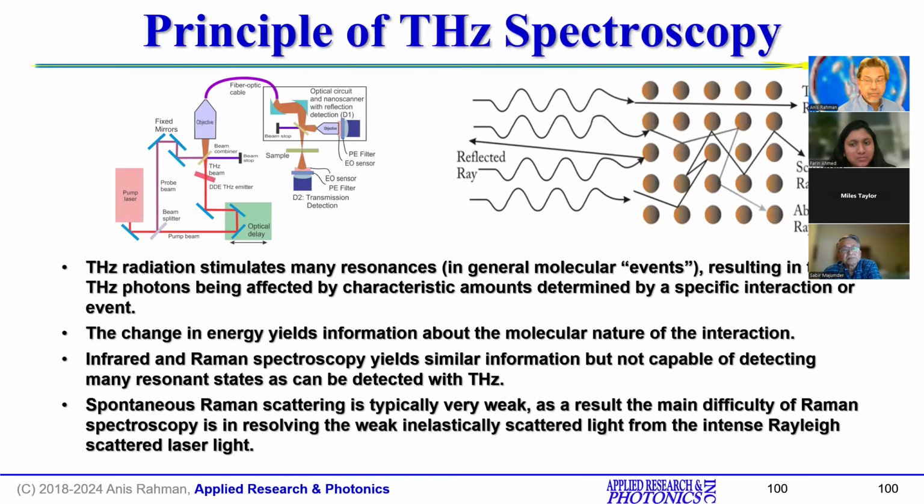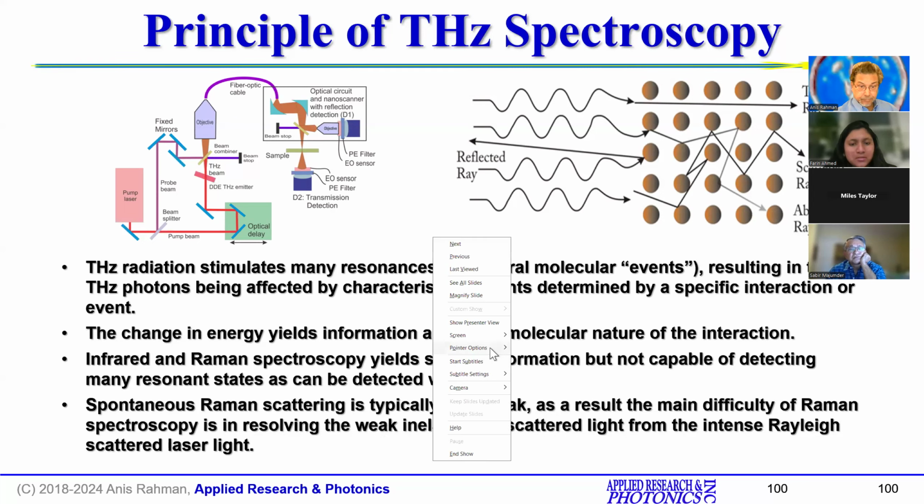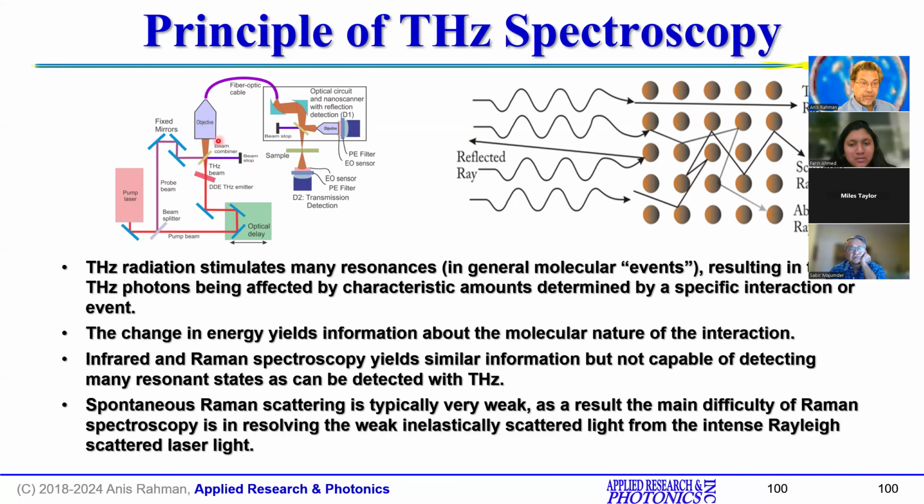So this is what we discussed before, that we generate a pump-probe technique circuit with T-ray or terahertz radiation. The pump-probe technique, as explained in this cartoon on the left side, has a pump beam and a probe beam, and they are allowed to interfere in the time domain.